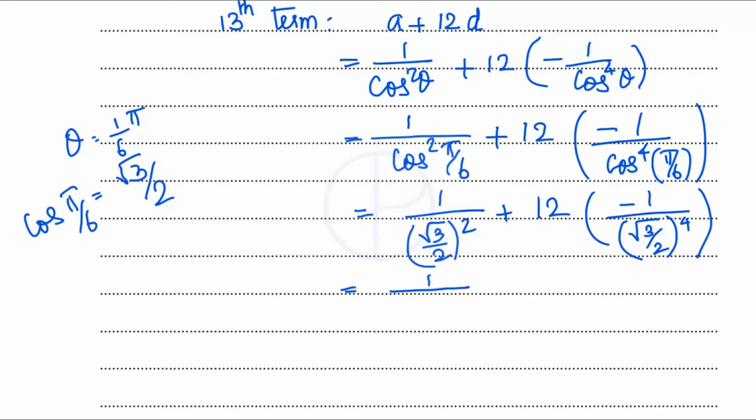So this is equal to 1 over square root of 3 the whole square is 3, divided by 2 square is 4, plus 12 multiplied by negative 1 over square root of 3 the whole power 4, which is nothing but 3 square, which is 9, divided by 2 power 4, which is 16.